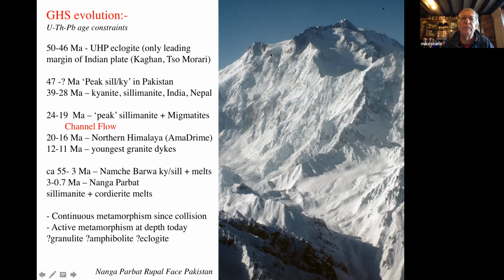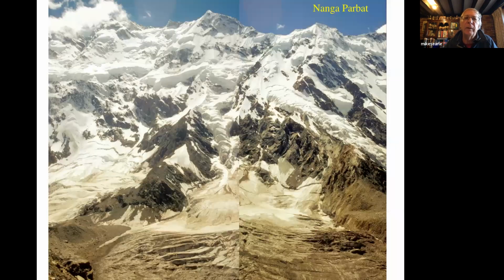Both of these areas have been through the entire metamorphic history of the Himalayas, but they also have an incredible, very young component of melting. These are Pliocene, Pleistocene high-grade metamorphic rocks, sillimanite, cordierite, migmatites formed at depth beneath an 8,000 meter peak up here.